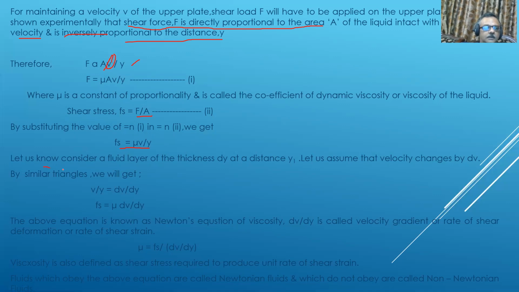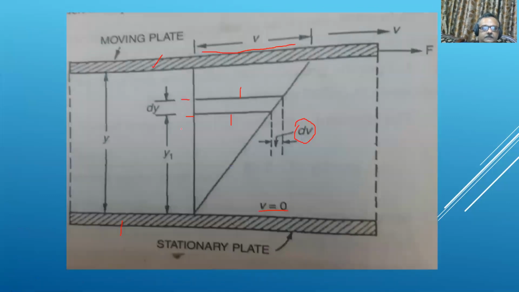So now let us consider a fluid layer of thickness dy at a distance y1. Let us assume that velocity changes by dv.